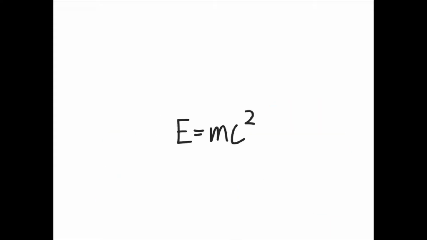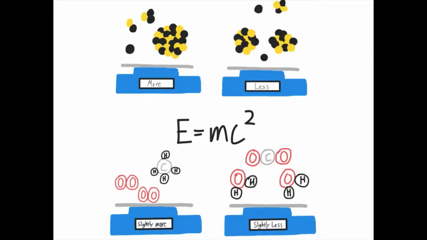This is actually due to Einstein's equation of E equals mc squared that helps us understand that energy and mass are two sides of the same coin. So when energy is produced from a reaction, it's because mass is being turned into energy. From my understanding, this is also how potential energy works. It is the extra mass that a substance has that has the potential of being turned into energy of a different kind.